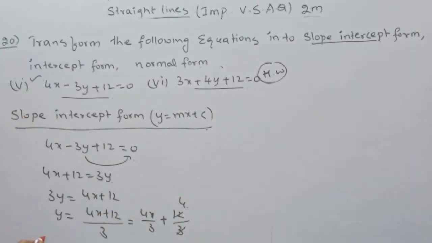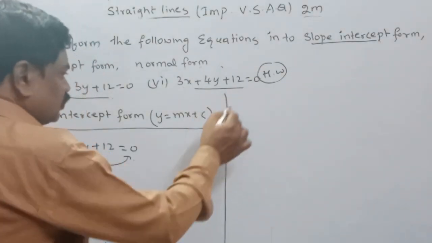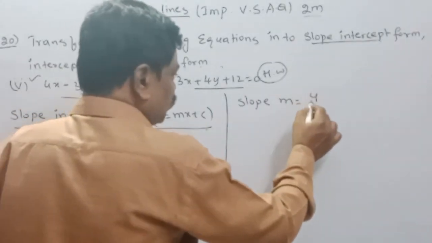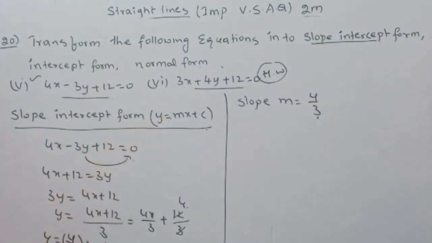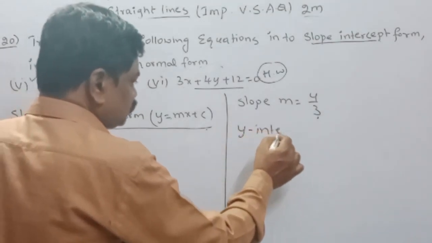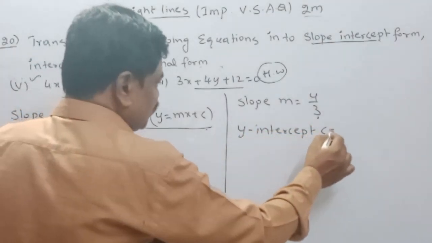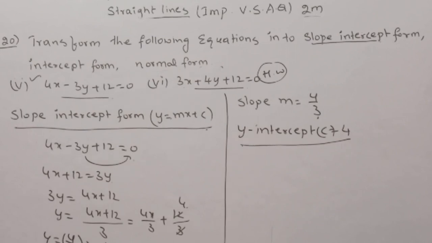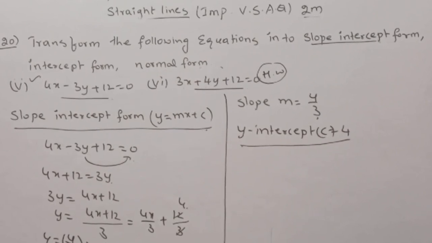So y is equal to 4 by 3 into x plus 4. Then by comparing these two, slope m is equal to 4 by 3. What is the y-intercept? c is equal to 4. This is the slope intercept form of the given equation 4x minus 3y plus 12 equal to 0.